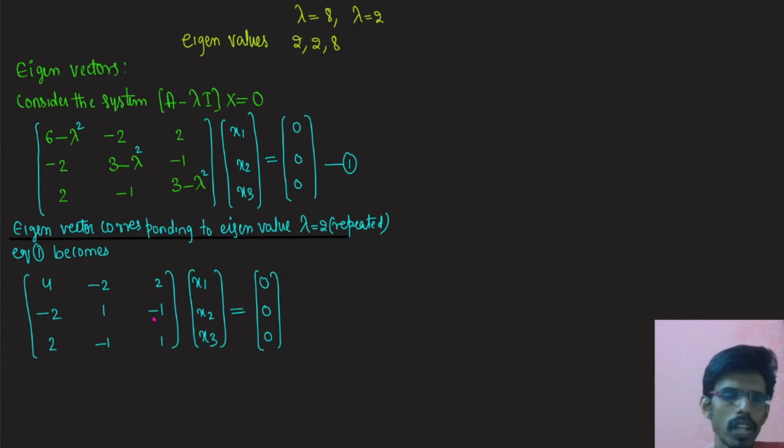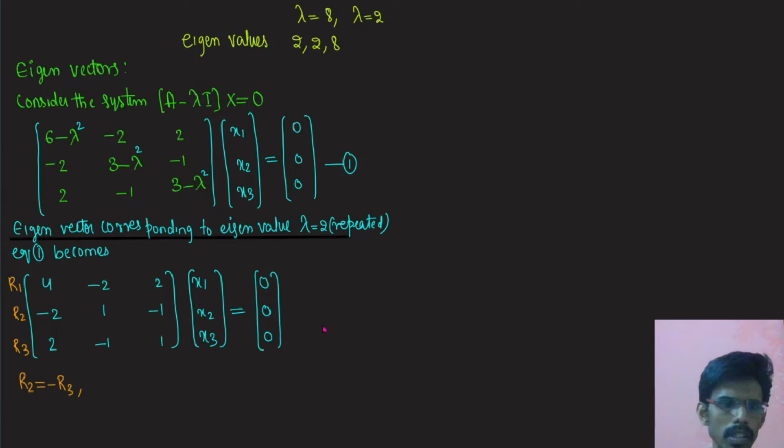Now carefully observe this matrix 4, 2, 2, 2, 1, 1, and this 2, minus 1, 1. We have first row R1, second row R2, third row R3. If we see carefully, then R2 is the same as R3, both are same but signs are different. So R2 is minus of R3.